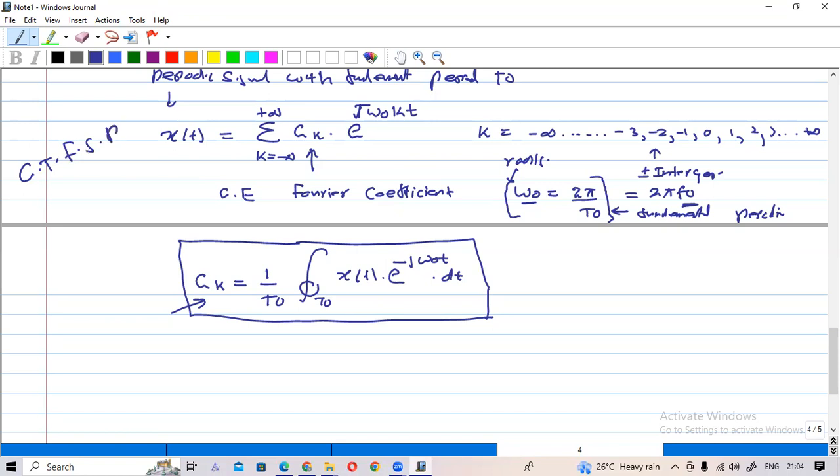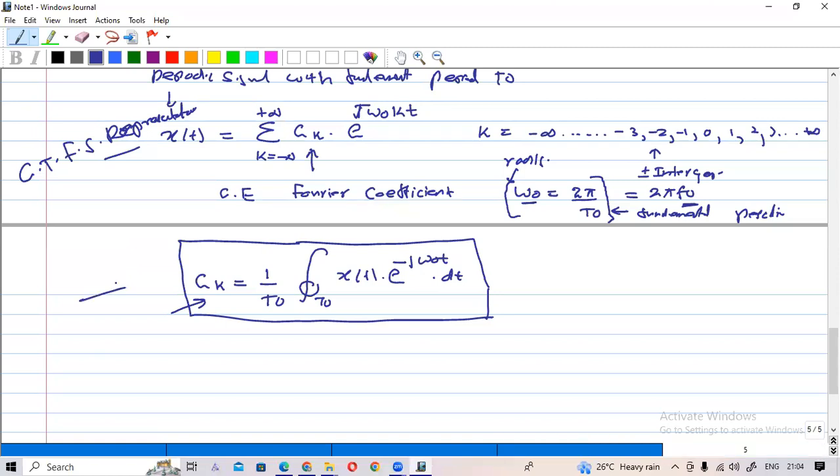These are the two equations for continuous time Fourier series representation. In our module, this one we will not use, but I present it just to give you a recap.